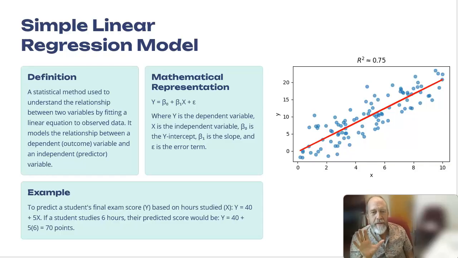What we're really talking about is how much there is a shift in the y-intercept, which is your beta naught. It's got your slope of the curve, which is your beta 1, and then there's an error term. And this is really good for predictive analysis.